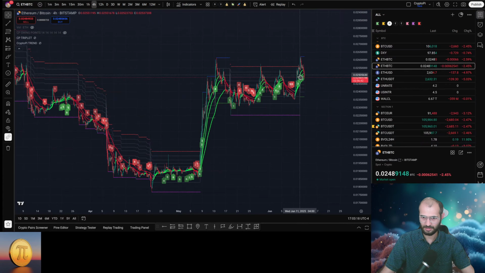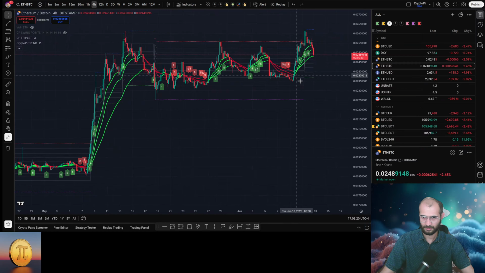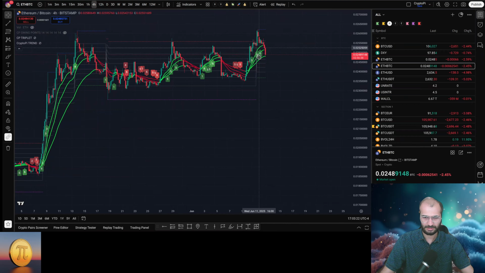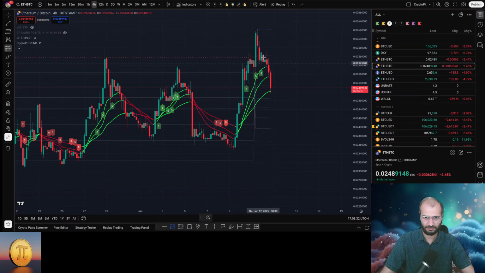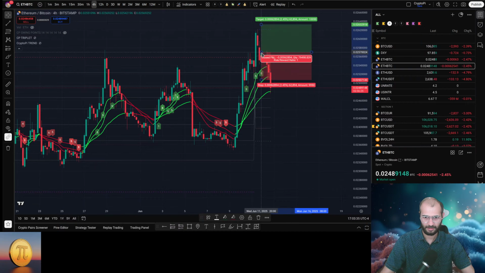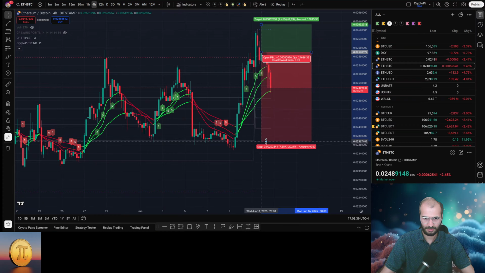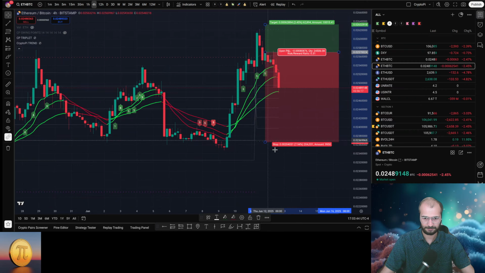So we do see here one of the uptrend signals, so that's a long signal. And now I'll take a long position, assuming that strategy 5 works, and my stop loss will be just below this green band line over here.